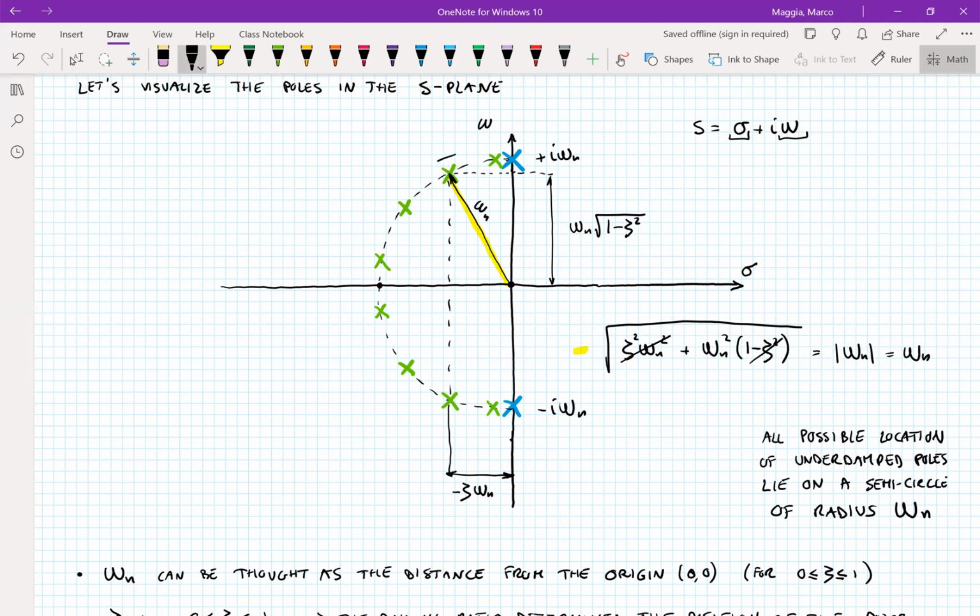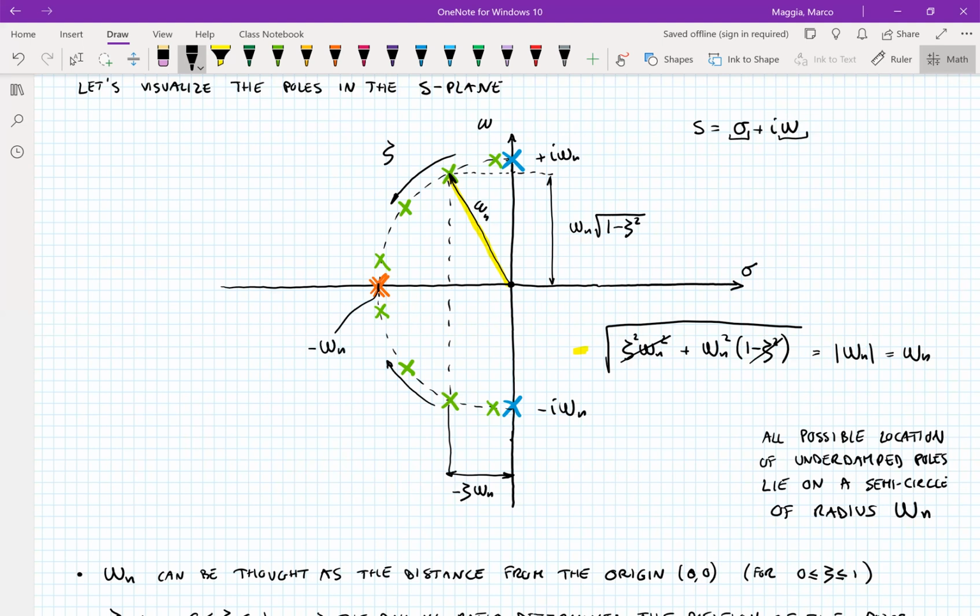So if we increase the damping ratio, we're going to slide down the semicircle towards the real axis. And in fact, when we have the critically damped poles, they both coincide at minus omega n.